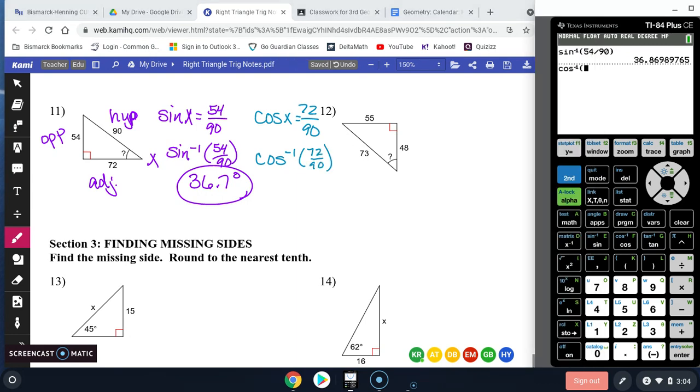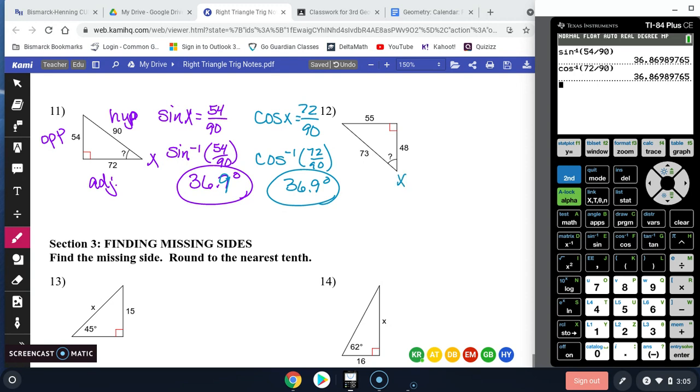I go second cosine of 72 divided by 90. And that is the same thing, 36.9 degrees. This actually should be a 9, not a 7. Okay, so same angle measure. Since I have all three sides, I can use any trig function that I want.